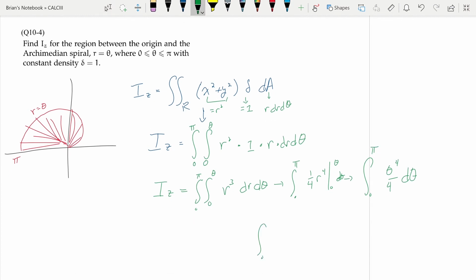Actually, let's not even write the integral sign because we don't have to simplify anything. We'll integrate that inside term. So theta to the 4th will be 1/5 times theta to the 5th over 4, evaluated from 0 to pi. Brings us a really simple one. We'll have theta to the 5th over 20, evaluated from 0 to pi. And then we'll get pi to the 5th over 20.